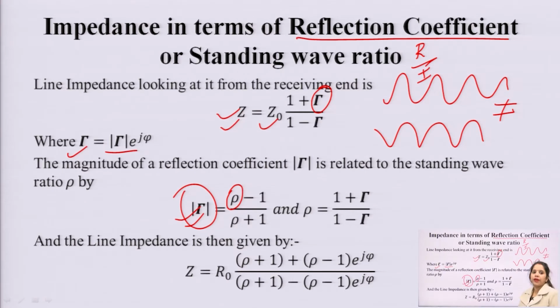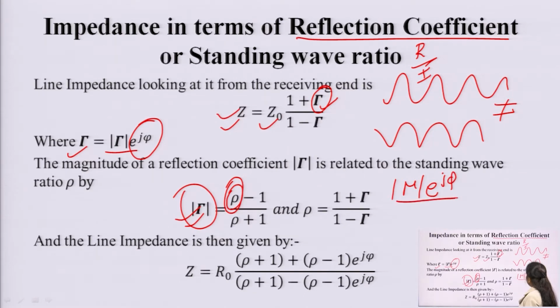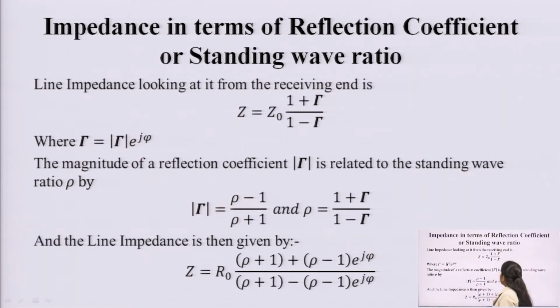When we want to express this impedance in terms of the reflection coefficient, we have to replace this tau with this rho, and note that tau will accompany the e to the power j phi also. That is why when we replace tau, it will combine with e to the power j phi.